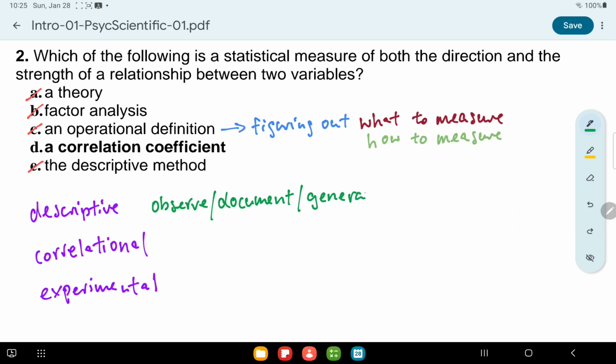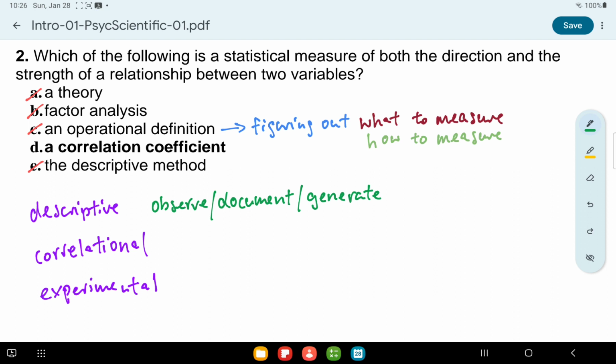And the information is helpful in determining how to take the research question further, whether we now design a correlational setup to study the topic or not. That's the concern. We're not concerned about the existence of a relationship. We're not concerned about the why. We're not concerned about explaining what we see.